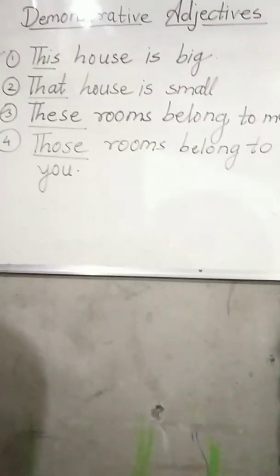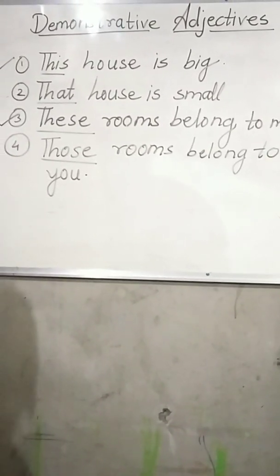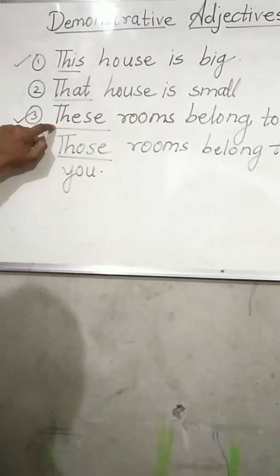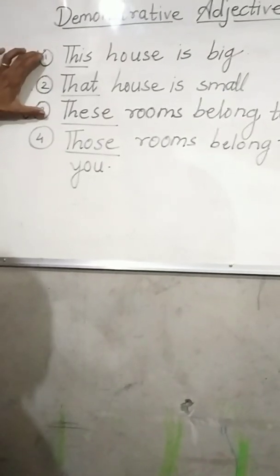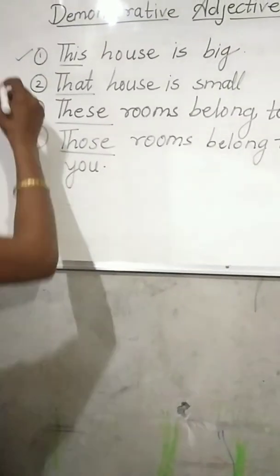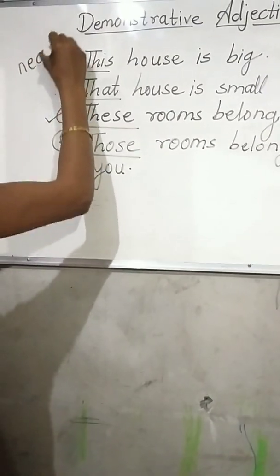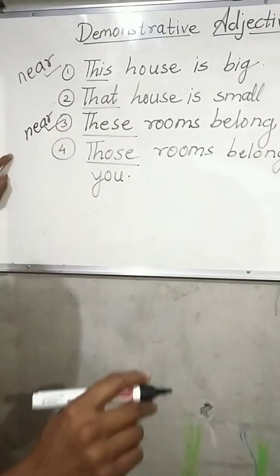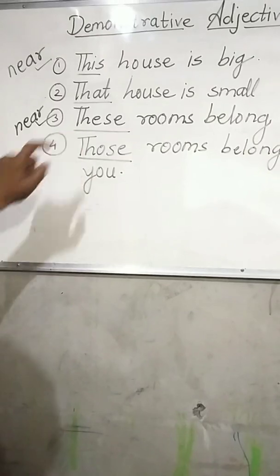Now, one more difference I want to tell you about these adjectives. Here I have taken first number and third number: this and these. These two demonstrative adjectives are used to point to the thing which is near to you. If you want to point to the thing which is very near to you, you can use this and these.